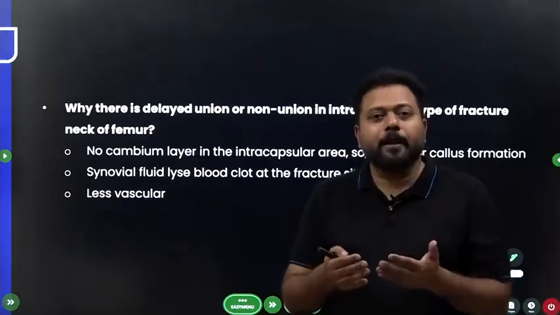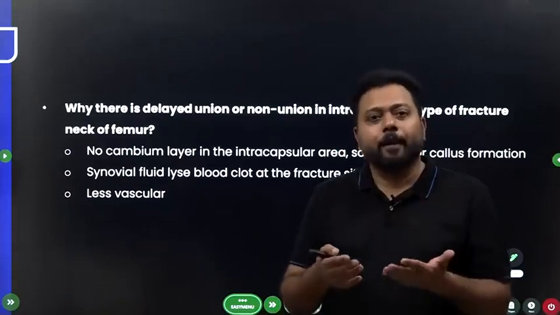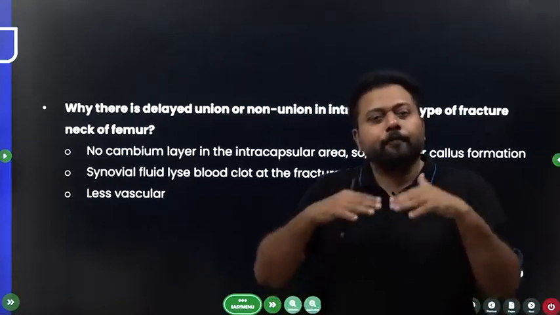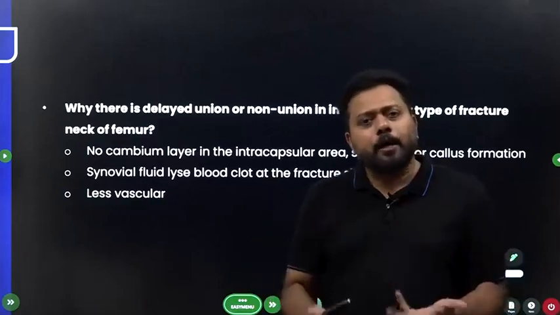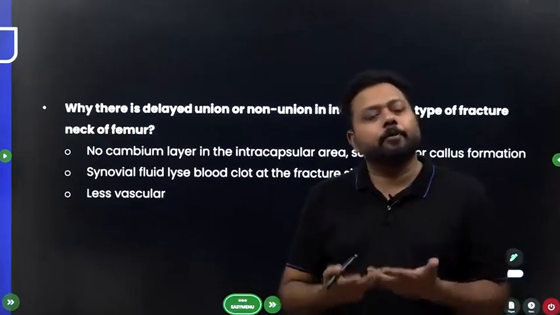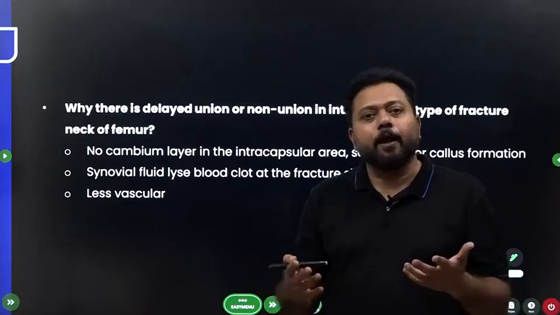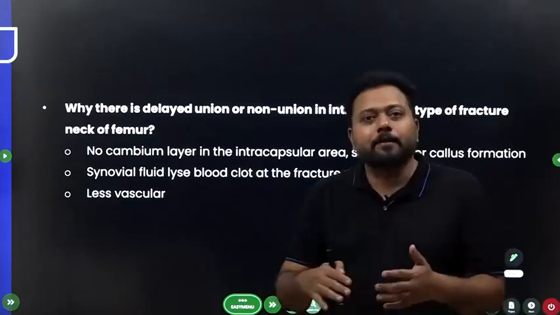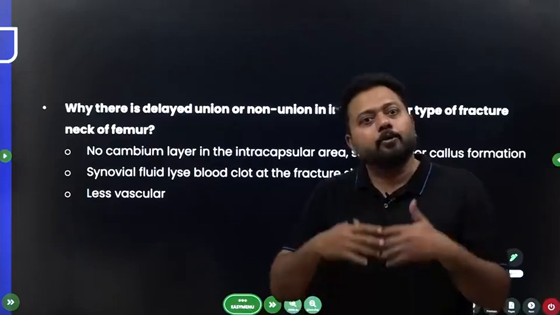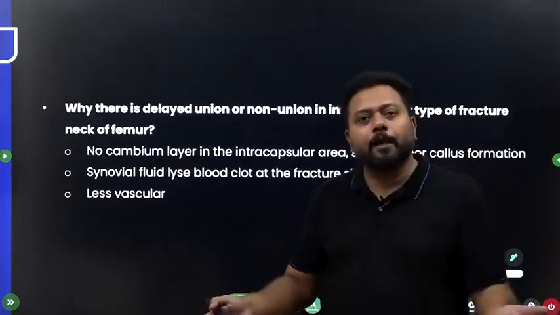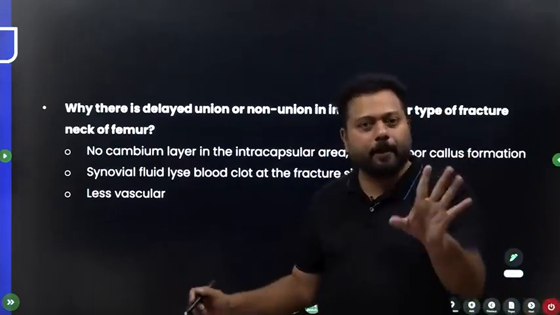If there is no hematoma, there is no chance of callus formation. Here, lysine is not allowing the blood to clot. So no hematoma formation, no callus formation, non-union. That is the main reason.